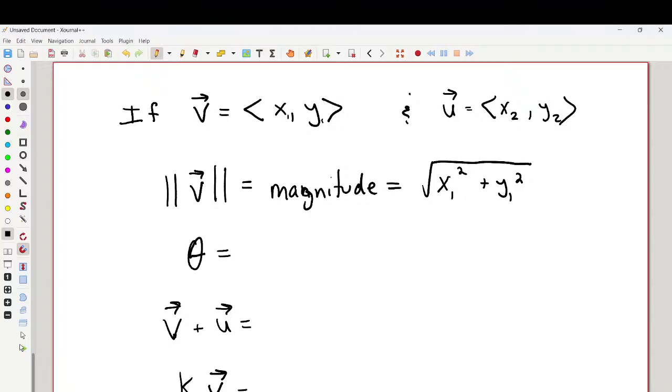The angle, actually I should say, let me do this. How would I find the angle of vector v? You could do tan of y over x.